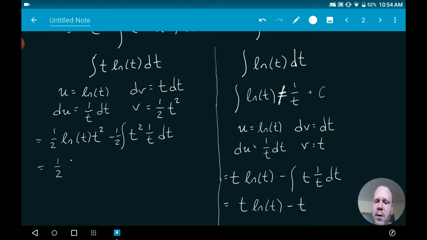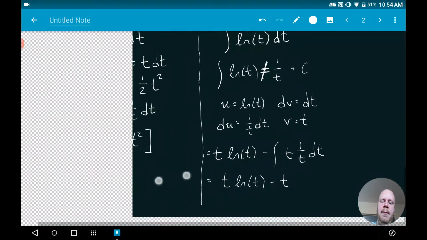I'm going to say it's 1/2 times this whole thing, natural log of t times t squared, minus 1/2 is already taken care of over there. Integral of t is going to be 1/2 t squared.